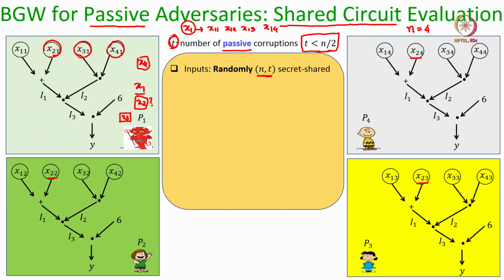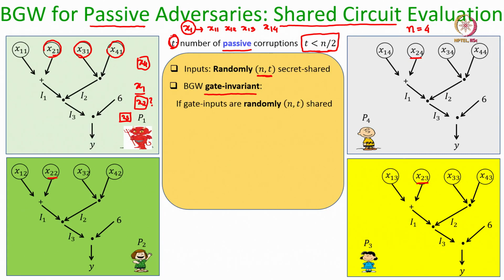So, if the inputs are secret shared in this way by the respective input owners, then the inputs of the honest parties, by honest parties I mean the parties who are not under the adversary's control, remain private, they are not leaked. Now, once the inputs for the function are secret shared, the parties next maintain the following BGW gate invariant for each gate in the circuit.